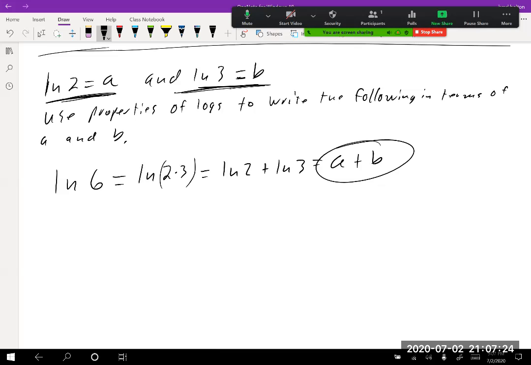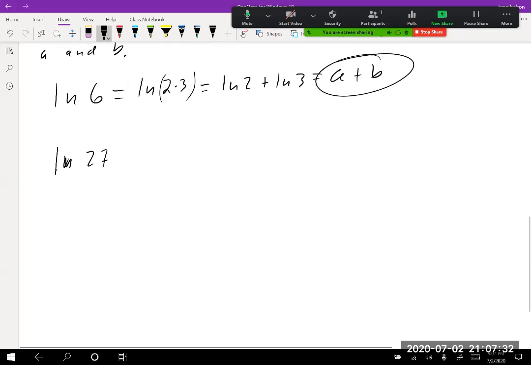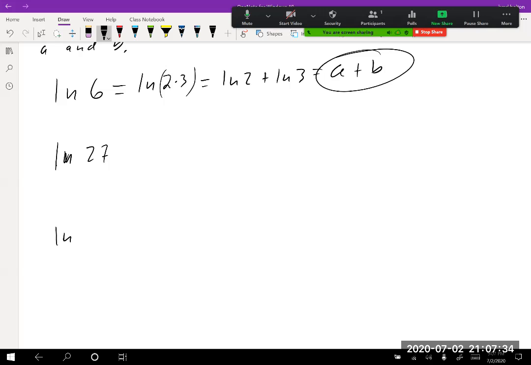So I want to write a few of these out for you guys. There's a few of these in your homework as well. So let me see. Natural log of 27. And let's do natural log of 0.5. And then I think I have a worse one around here somewhere. Let's just make one up.